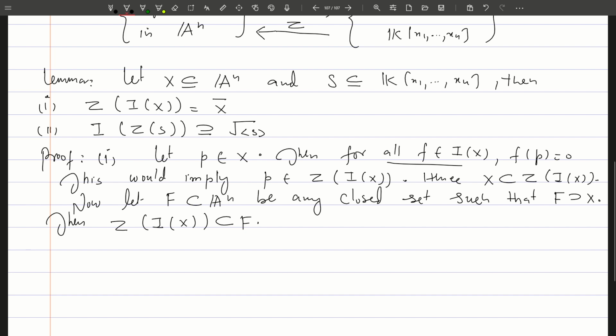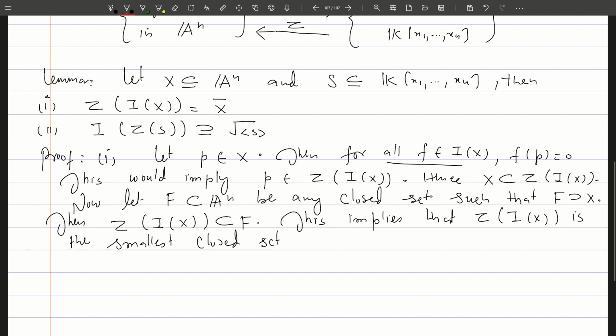So this means that the zero set of I of X is the smallest closed set which contains X. This implies that the zero set of the ideal of X is the smallest closed set in the affine space containing X.